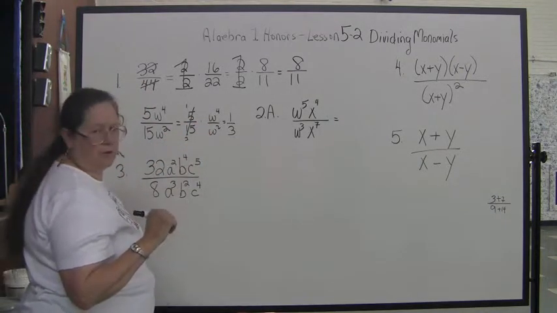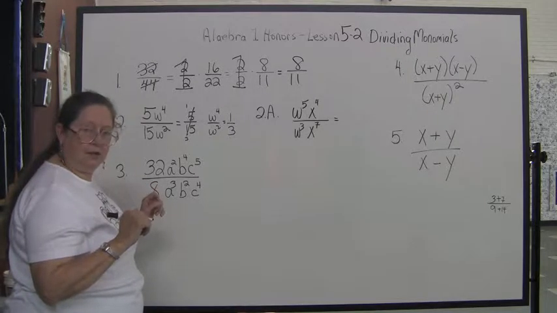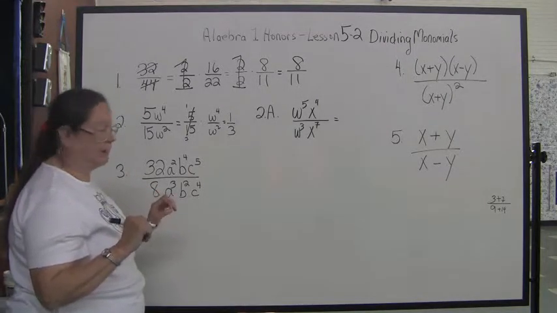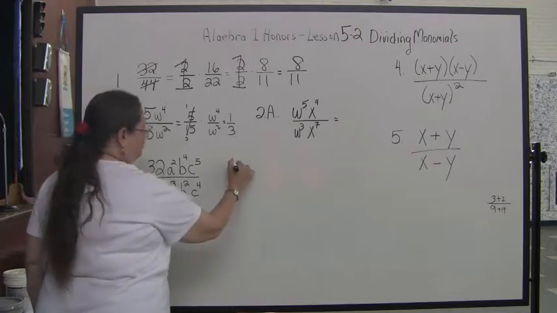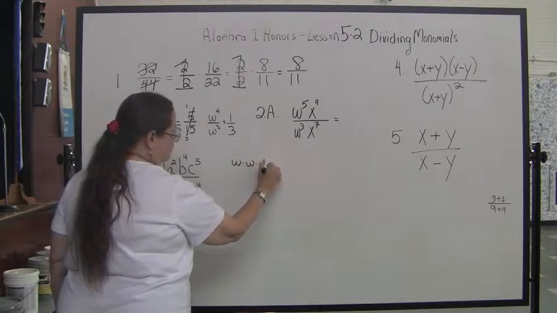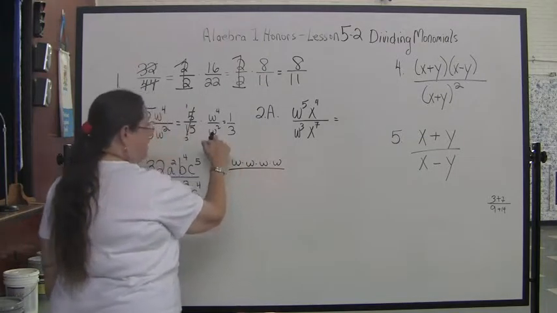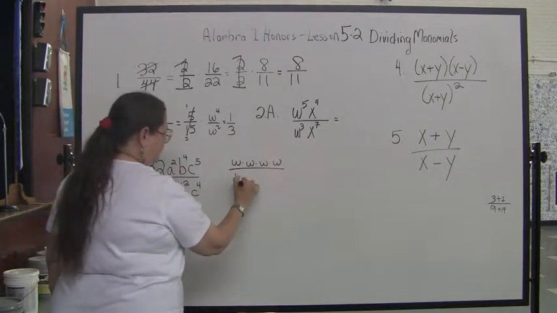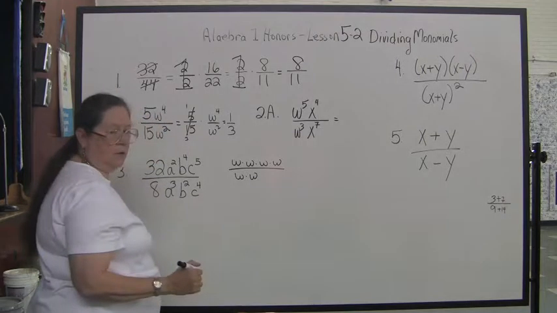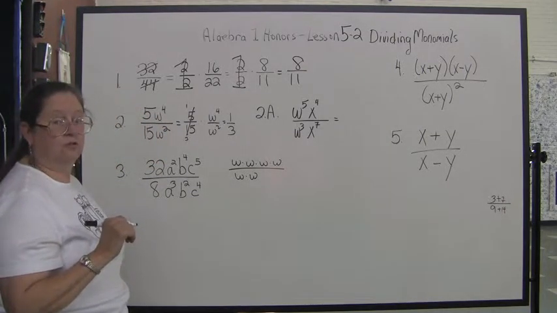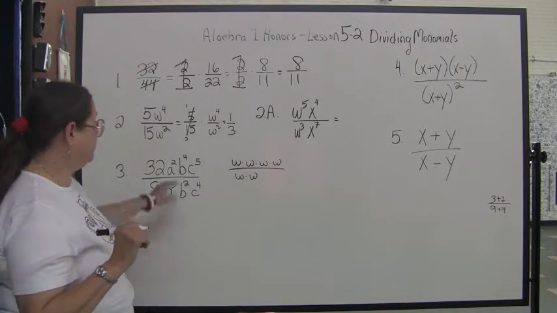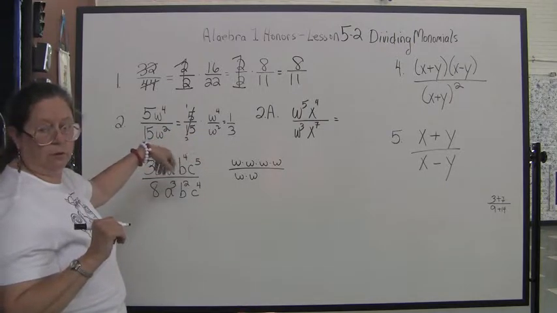W to the 4th over W squared. Really easy if you think about what exponents mean. That 4 means I've got 1, 2, 3, 4 W's all multiplied together. That right there, 2 W's multiplied together. W times W. Now, provided that W isn't 0, okay, it can't be 0 because it can't have a denominator that's 0.